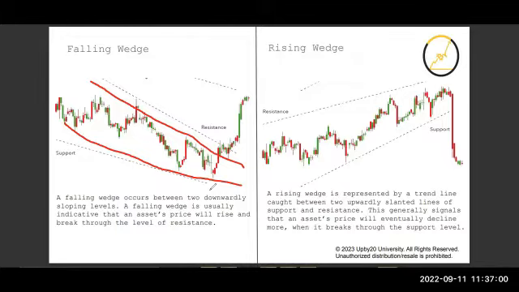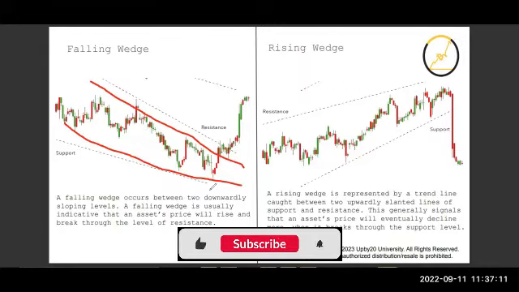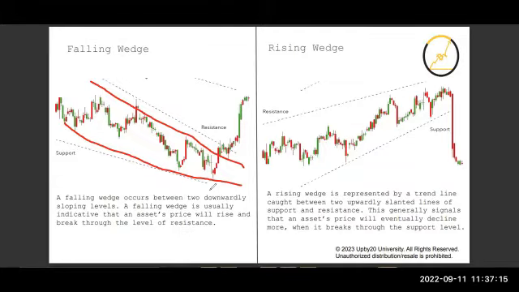So falling wedges. To what extent against the downward trend does it have to go before you're like, okay, it's done testing, it's about to go? Usually 2 or 3 tests of the downward trend line. One touch here, 2 touches, 3 touches.